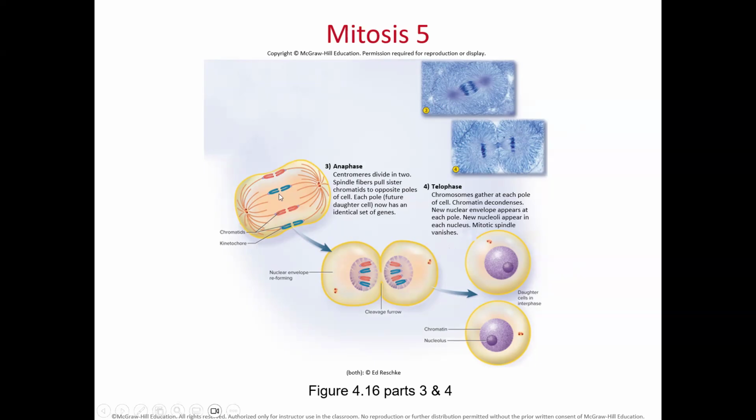The splitting occurs in the anaphase. And then as we move it to the sides, we have microfilaments that pull it to each side. As we pull it to each side, right down the middle, we have what's called a cleavage furrow. That's where the split is between the cytoplasm, so then we can form two distinct different cells.